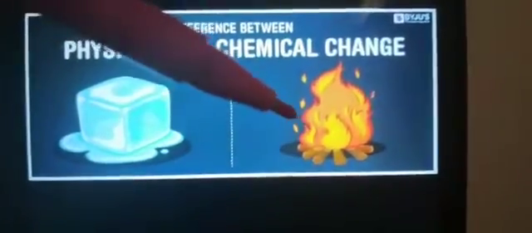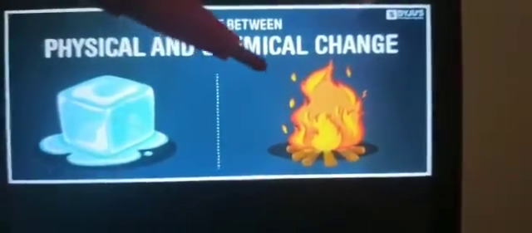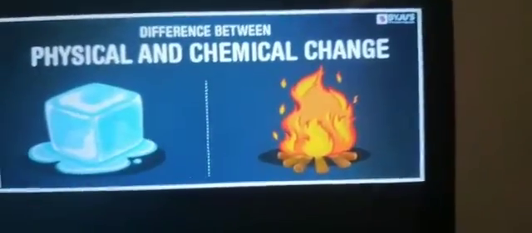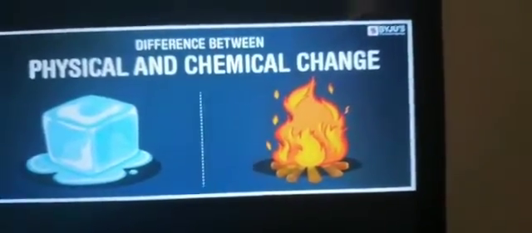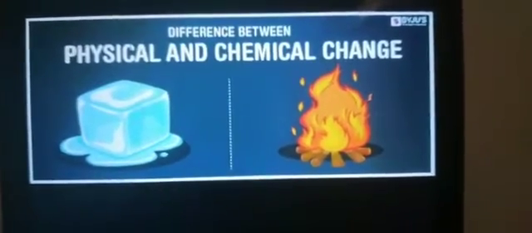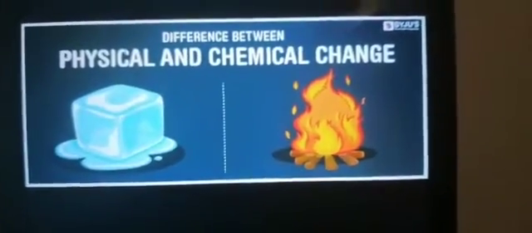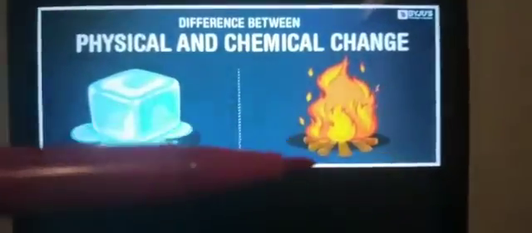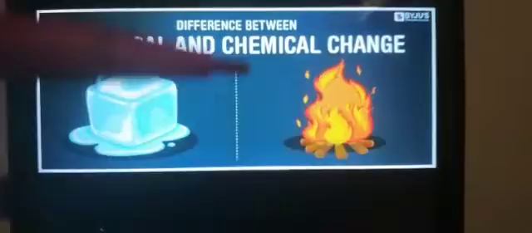When you burn the wood, what will you get? You'll get the ash, right? So it is the new substance which is formed here. Wood has its own property and the new substance which is formed, that is ash, has its own property.